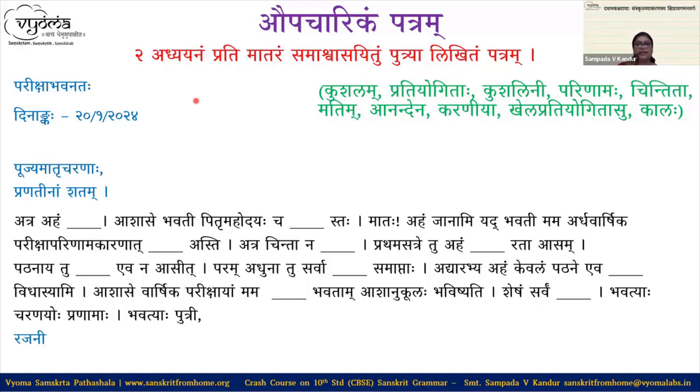Asam is past tense, right? She was busy somewhere in the first term. So where was she busy? Patanaya tu matim eva nasti. No. Patanaya tu kalaha eva nasti. Patanaya tu kalaha eva na asit. That's correct.